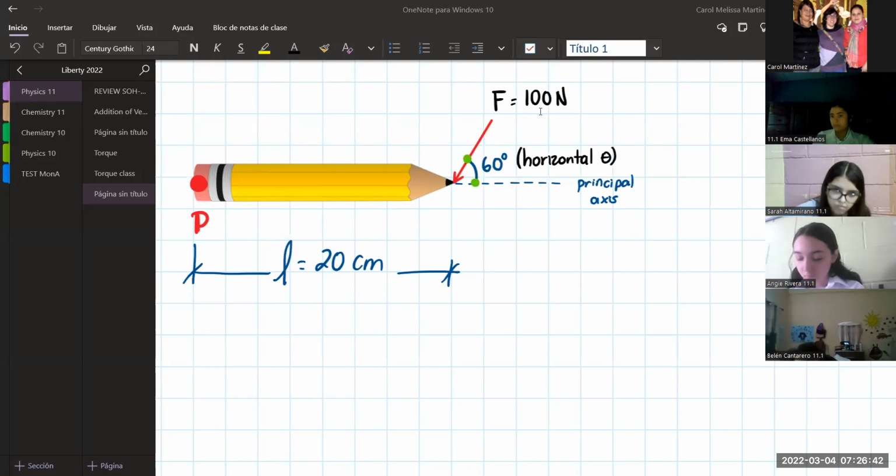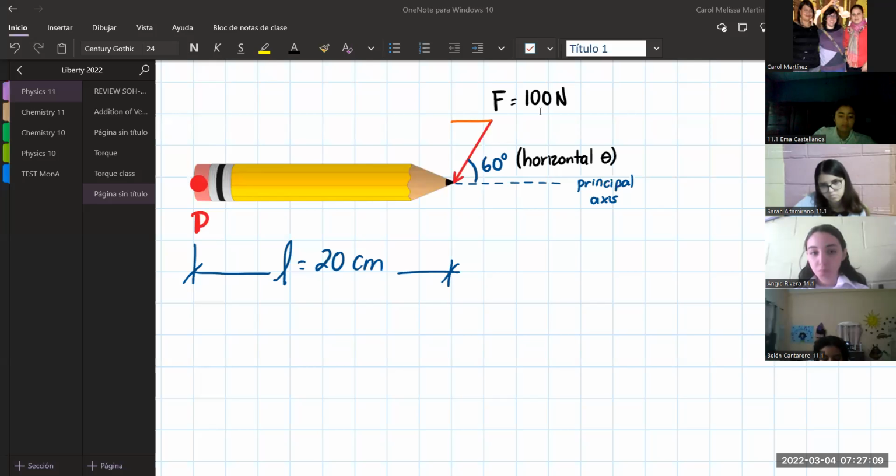Okay? Easy numbers. So from this force, I can project the components. I'm gonna have two components.